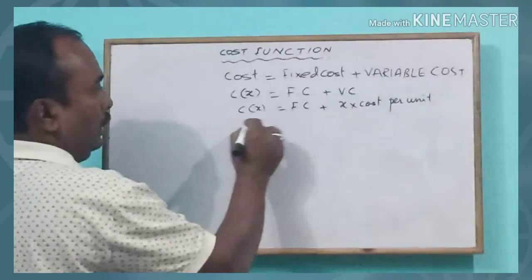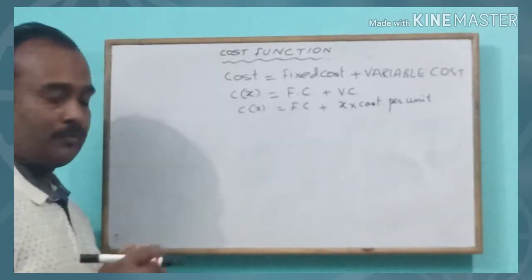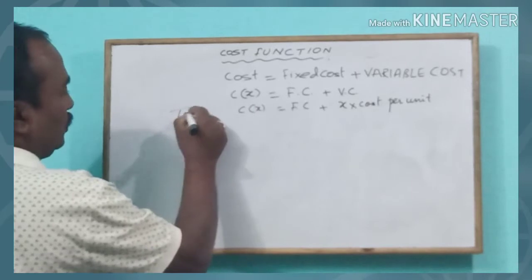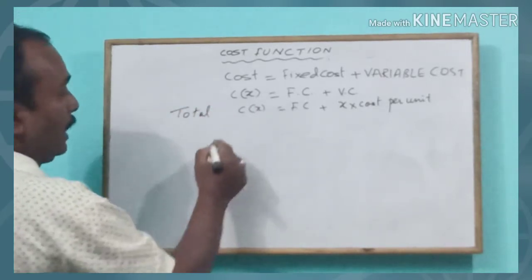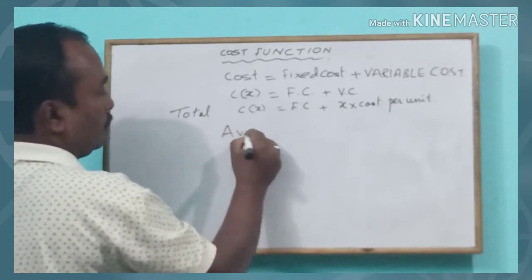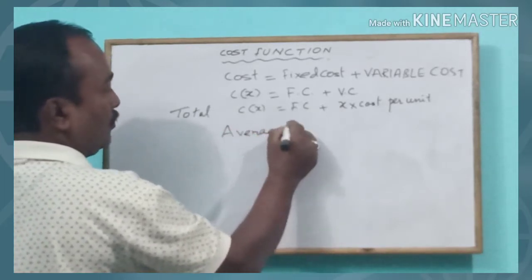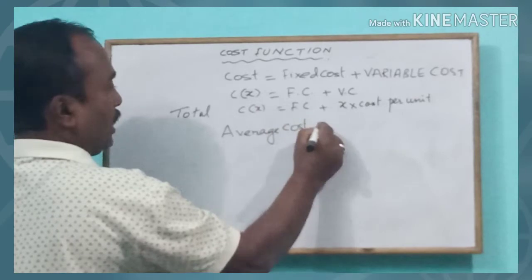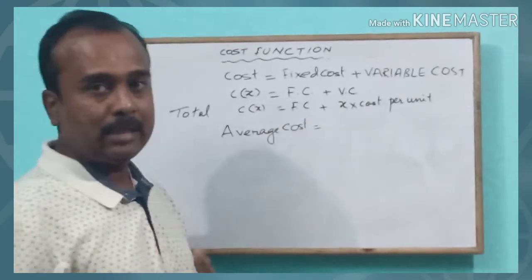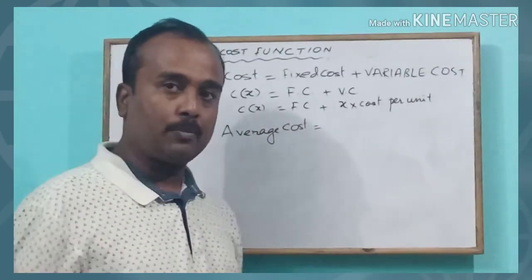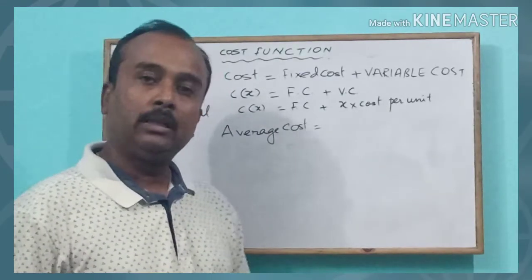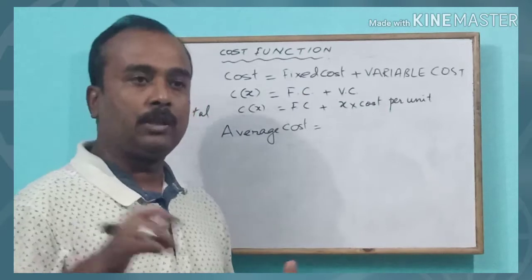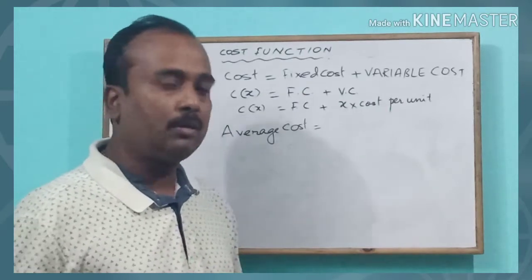Now, this is the total cost function, or we say total cost. Now, what is average cost? From the word average, it is the mean cost of the total production. Sometimes the cost is more, sometimes less, depending on the cost of raw materials or the labor cost and many more criteria.